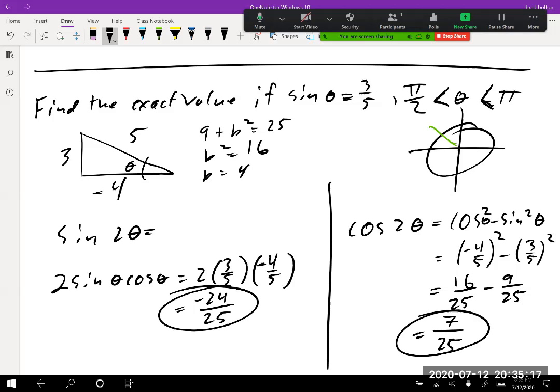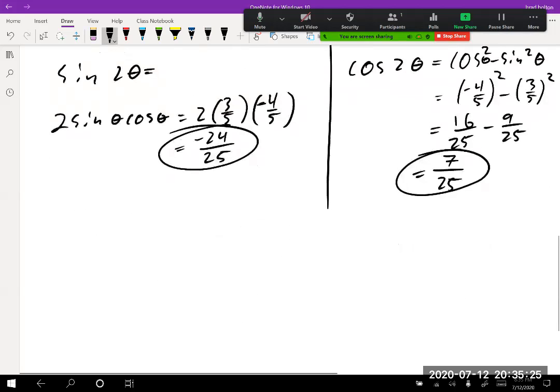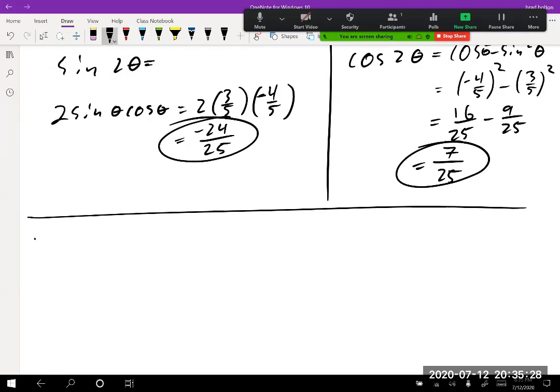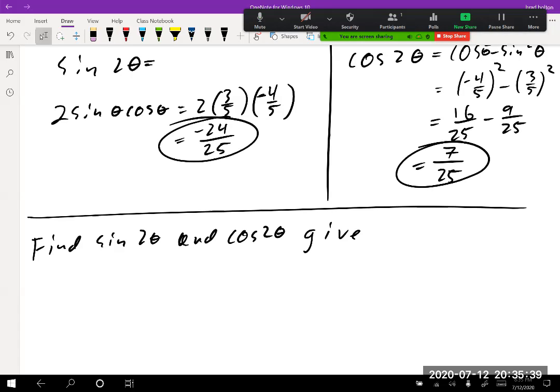Let me see what else I got. Let me have you guys try one. This is definitely a test type question. So find sine 2 theta and cosine 2 theta, given that sine theta equals 2/5 and cosine theta is less than 0.